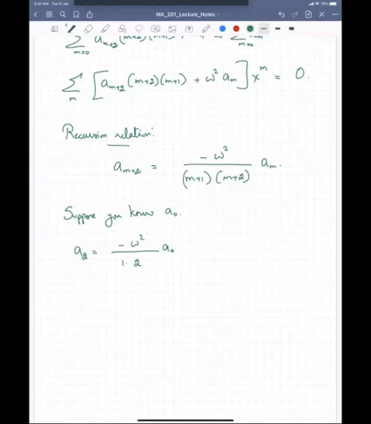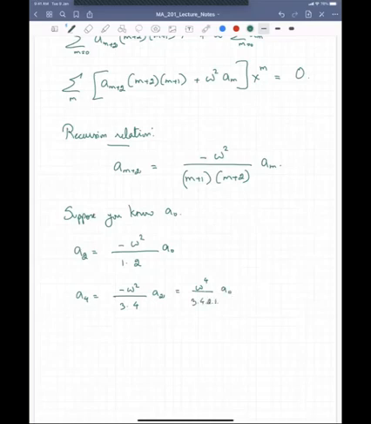So let me at least figure out a4. So a4 would be minus omega squared divided by, putting m equals 2, I get 3 times 4 a2. Okay, and this would be omega to the 4th over 4 times 3 times 2 times 1 a0.